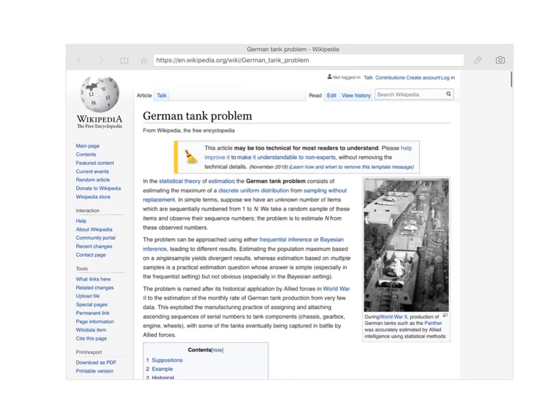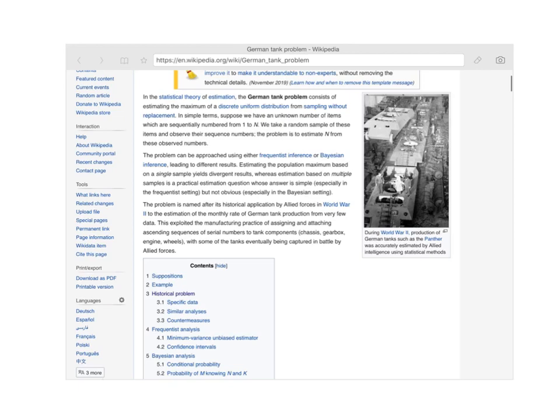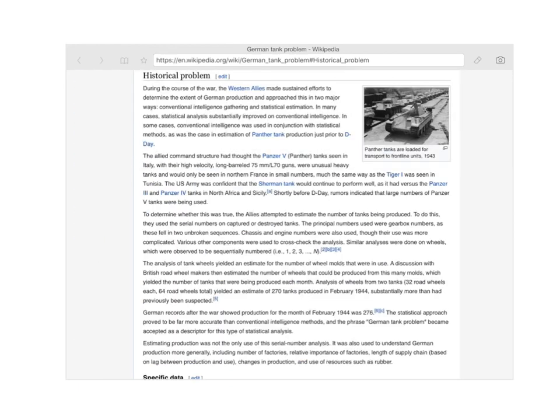If not, you're going to hear about it today. The German tank problem took place in World War II, and I'm going to scroll down to the actual story. There was the Allied power and the Axis power, and the Allies wanted to estimate how many tanks the Axis powers had.